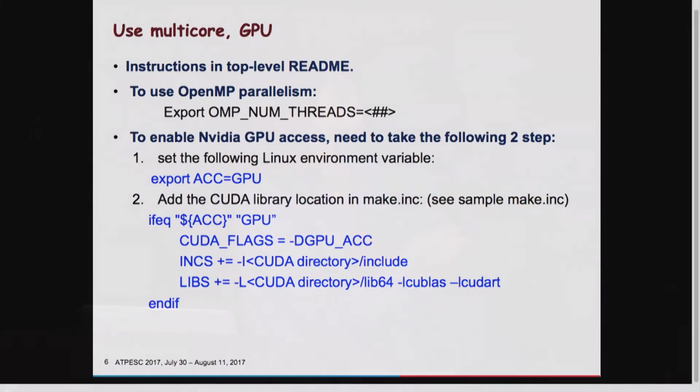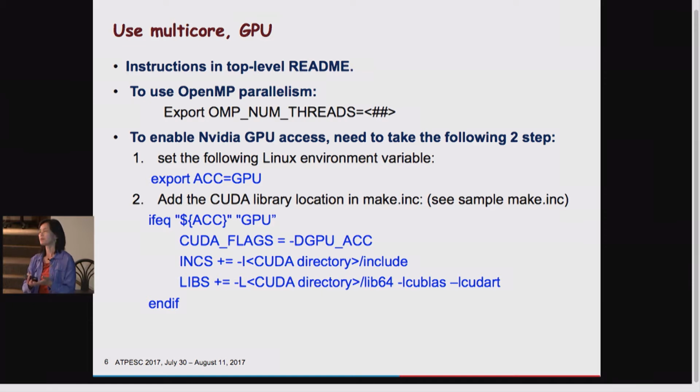And for multi-core and GPU usage, in order to use OpenMP, it's relatively simple. You just set the environment variable to however many threads you want to use. To enable GPU, right now we only have support for NVIDIA GPUs using CUDA programming. So you can still use a distributed GPU cluster, for example, the machine Titan at Oak Ridge.